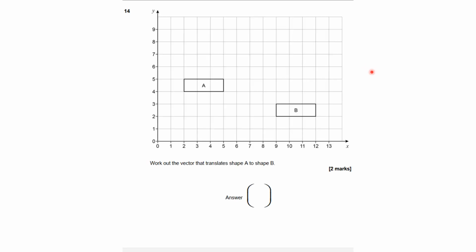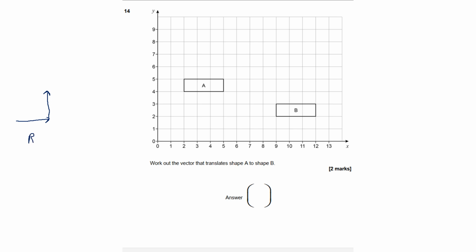So we've got a question now involving vectors, and it's asking us to work out the vector that translates shape A to shape B. So the first rule we need to know when we're looking at vectors is that the positive direction is to the right and up. So if you're going to the right, it's positive.